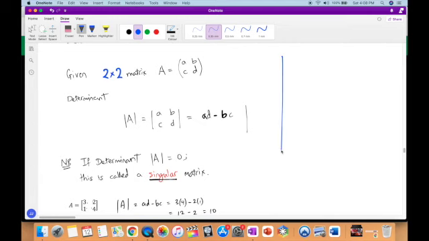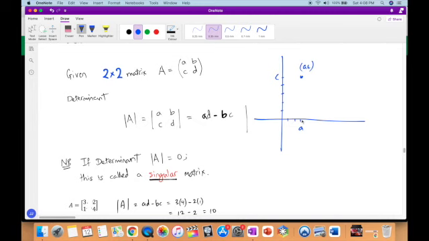So if we check in terms of what the determinant is, remember this first column here is A and C. So I have the point AC. That'll be A on the x-axis and C on the y-axis. And then I have BD.